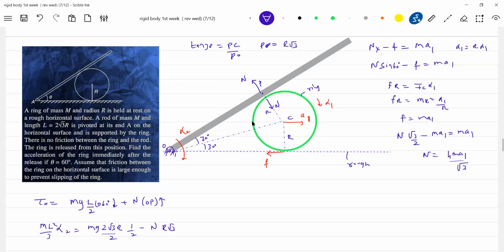What is the acceleration of point P? Constraint equation, I'll come to this one. Acceleration of point P along the common normal should be equal. So how much will this angle be?